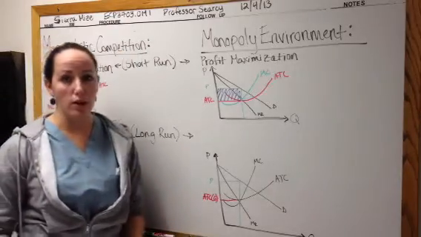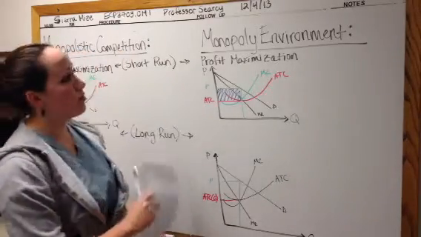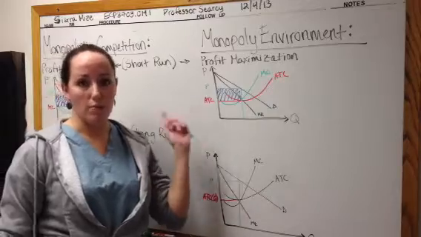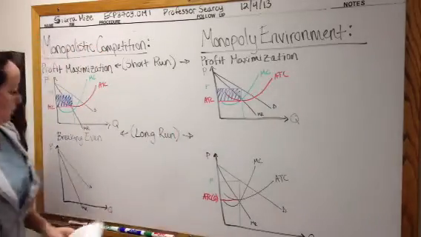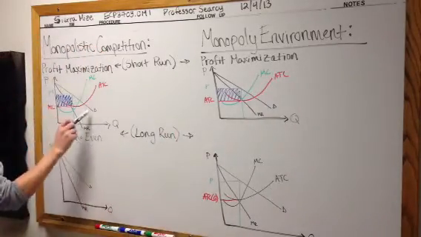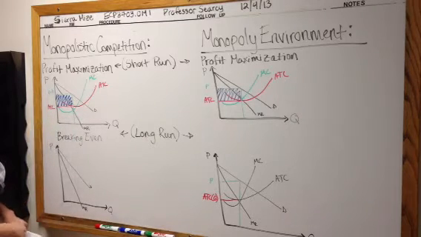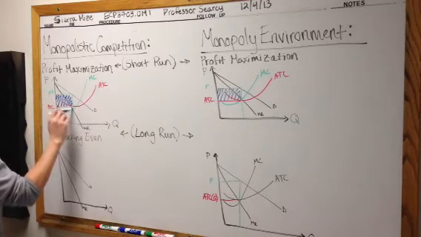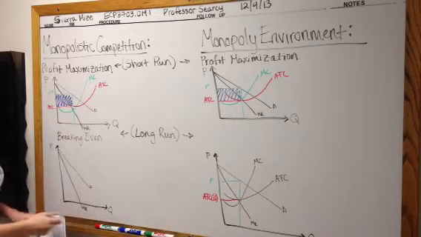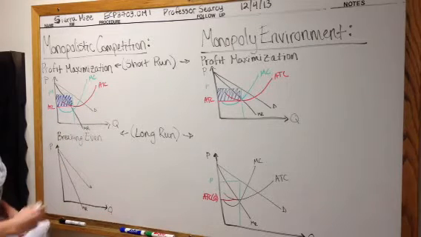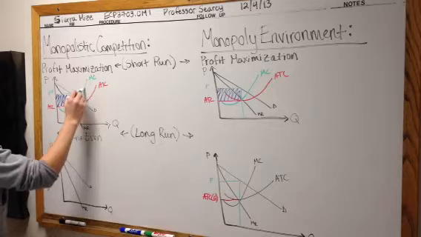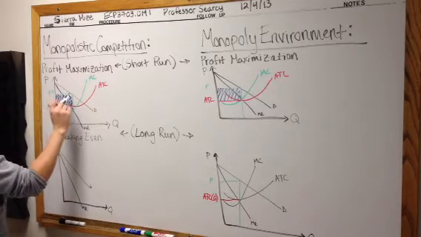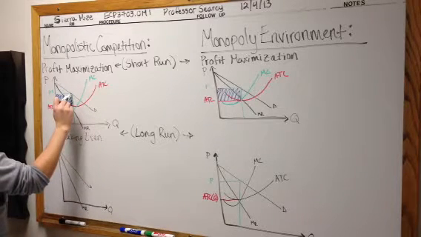So in the short run, both monopolistic competition and monopolies are profit maximizing. So here we have the sloping demand curve and the sloping marginal revenue curve. And from here we have our marginal cost curve, and this is where we get the price and the quantity demanded.